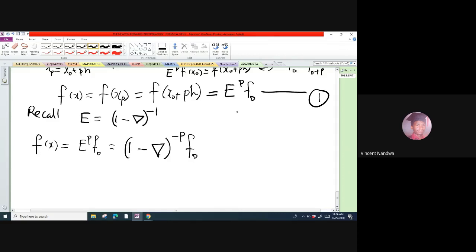So remember also that E raised power minus p of f naught is the same as f minus p, or the same thing as f of x naught minus ph. So that's why I have this negative here.